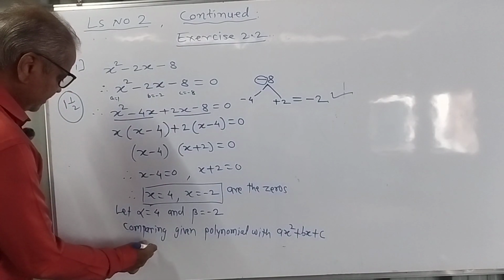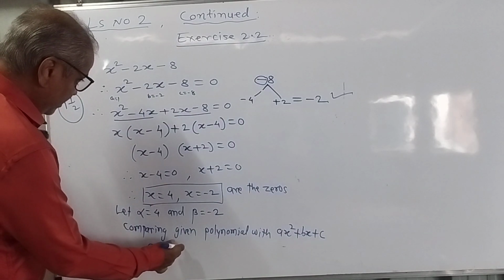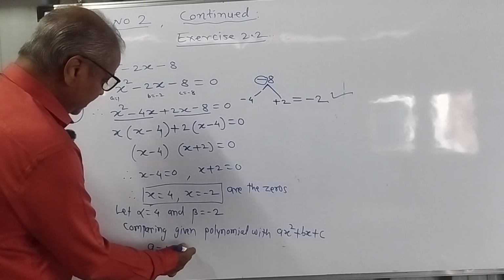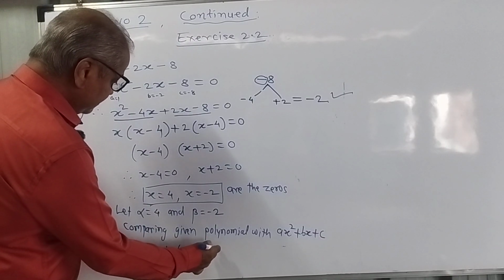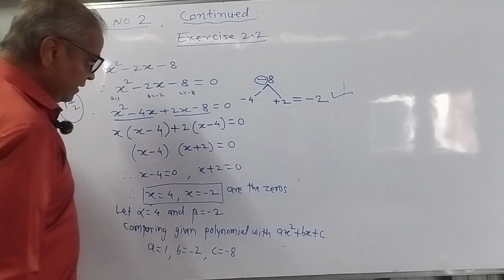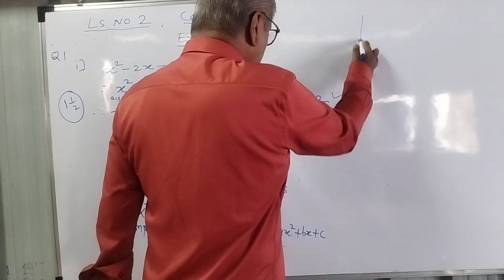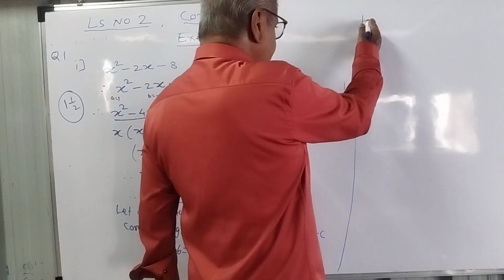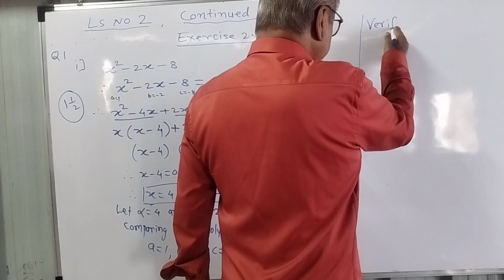What is a? a is equal to 1. What is b? b is equal to minus 2 and c is equal to minus 8. Now we can verify the relationship. I can write verification.